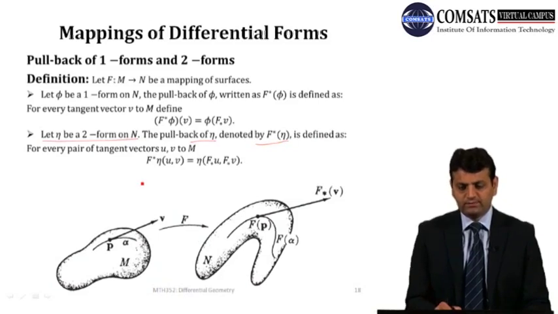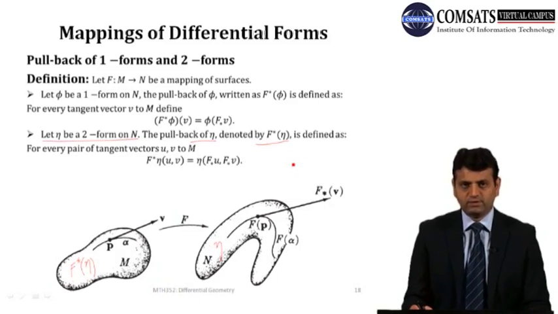Now once again, if I have an eta which is a two form on n, then I want to get a two form on m. So what is a two form? A two form is a function which is from the pairs of tangent vectors to real numbers and it is linear in both coordinates. So this we did as the definition of a two form.